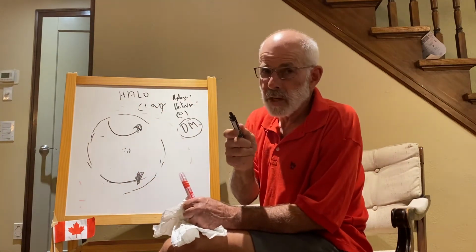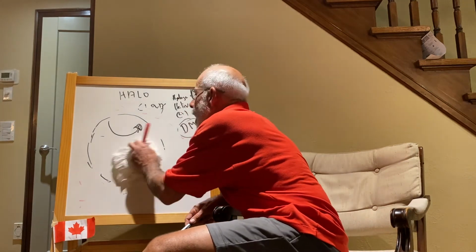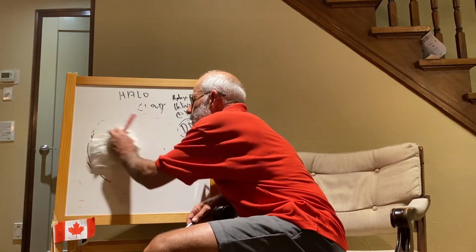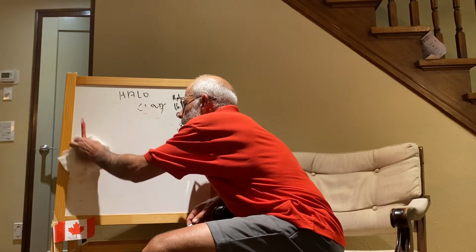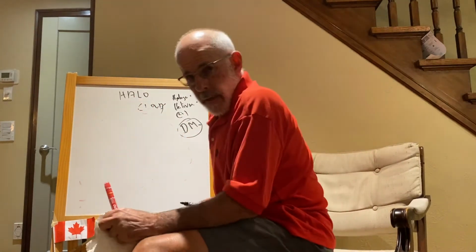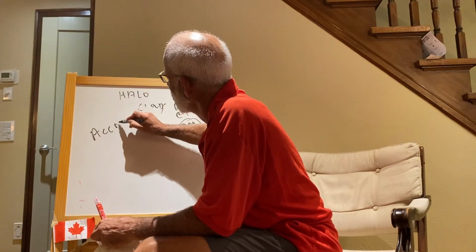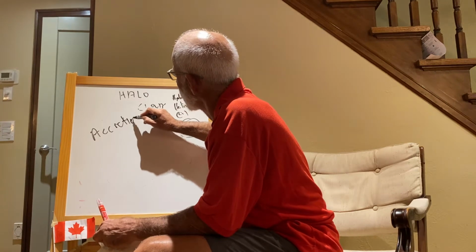we have to now digress to a very important thing. Before, we have to sort of jump away from our ball here to discuss something very important in astronomy, and that is accretion disks.